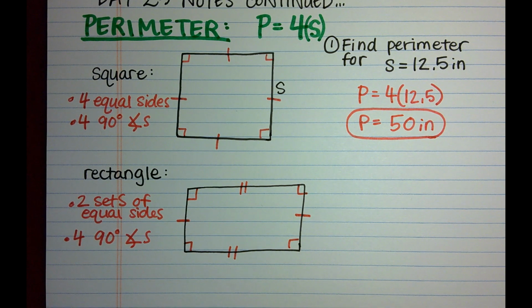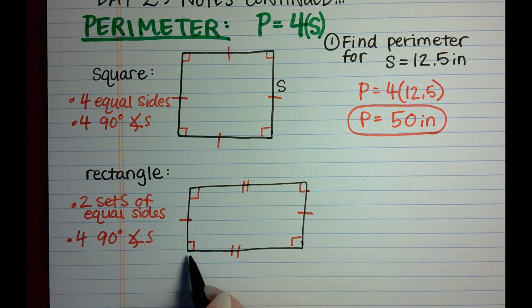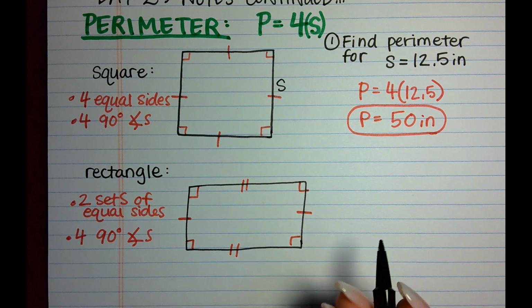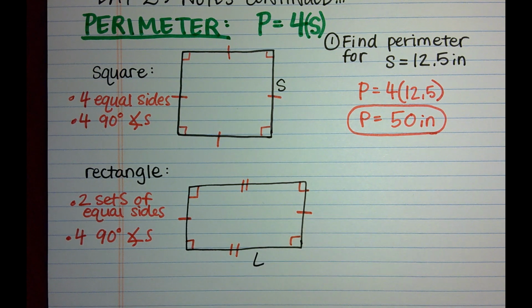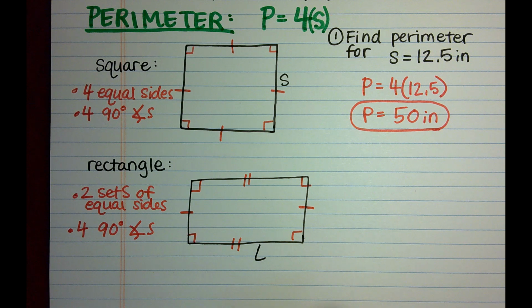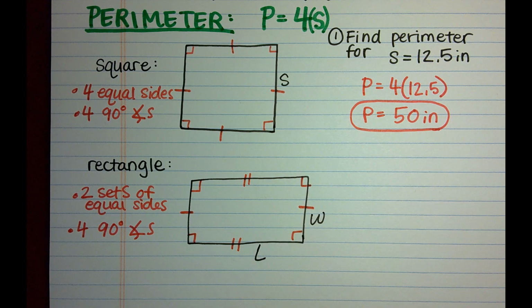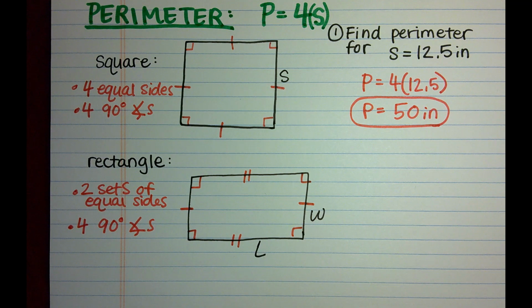And on a rectangle, we are going to call my long side L for length and my short side W for width. Length and width.